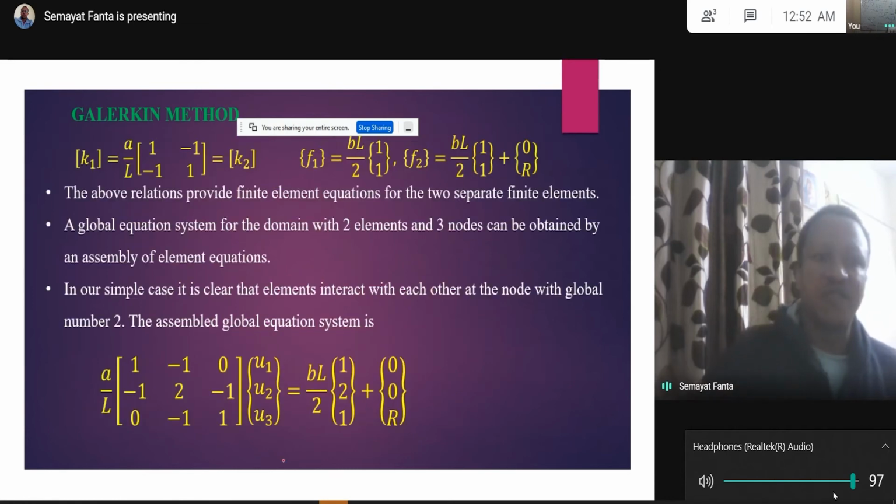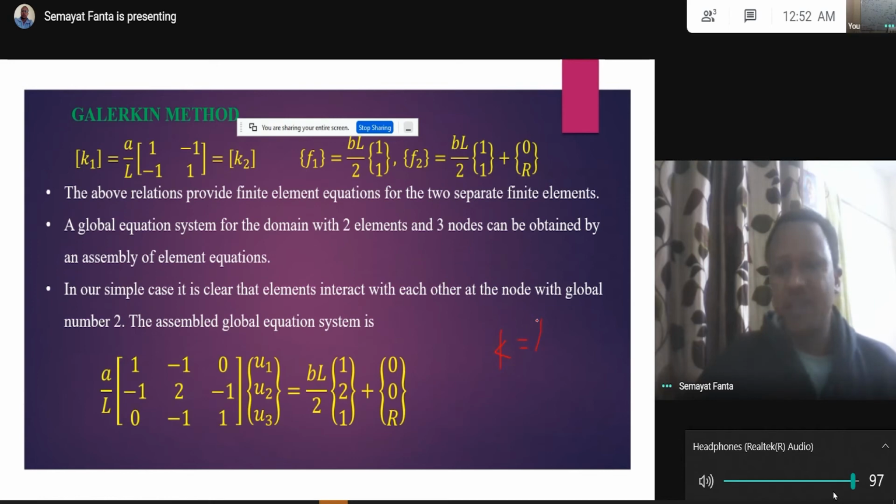In short, for one element, K is equal to AE over h, with the matrix 1, minus 1 for the first link.